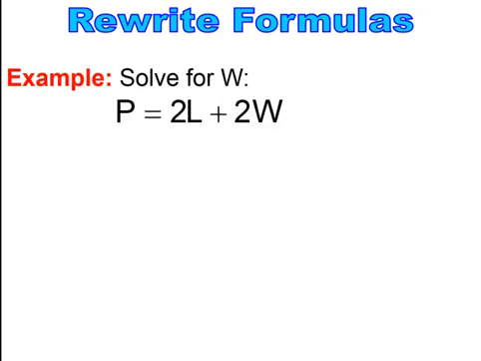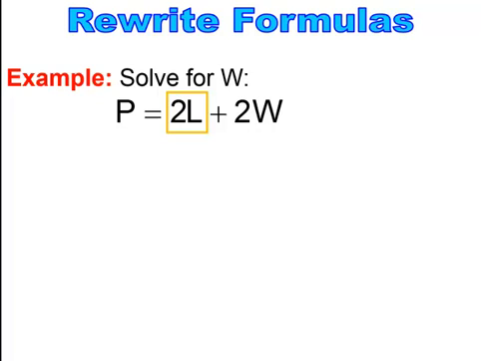So this next formula is the perimeter formula for a rectangle, and it wants me to isolate w. So I want to be clear here. To isolate w, I'm not going to deal with what's attached to the w first. I'm going to remove that 2l. And in order to remove that 2l, I need to do the inverse.